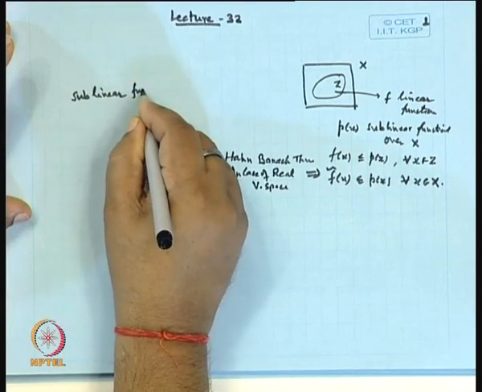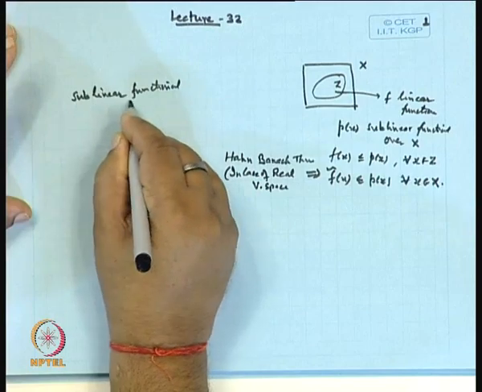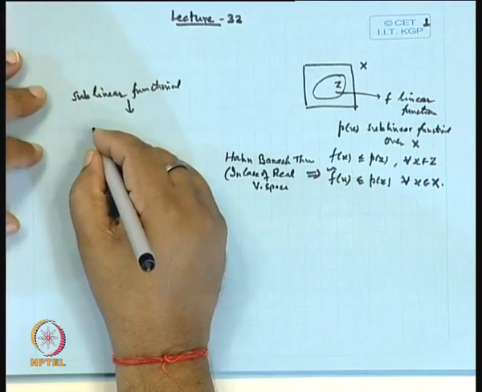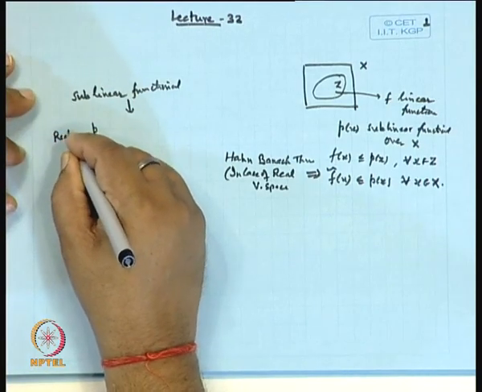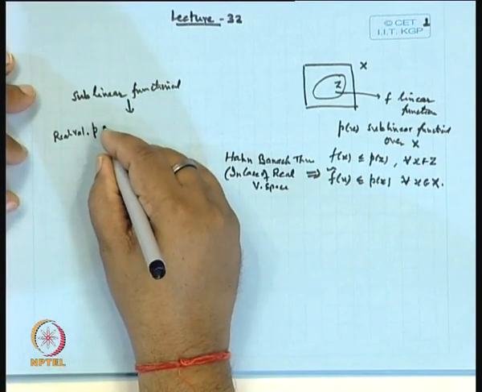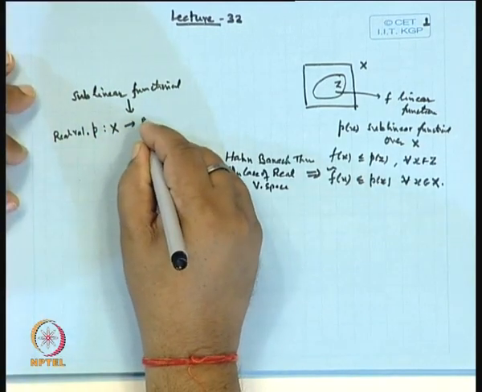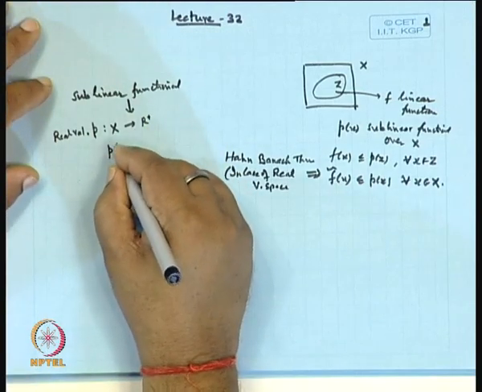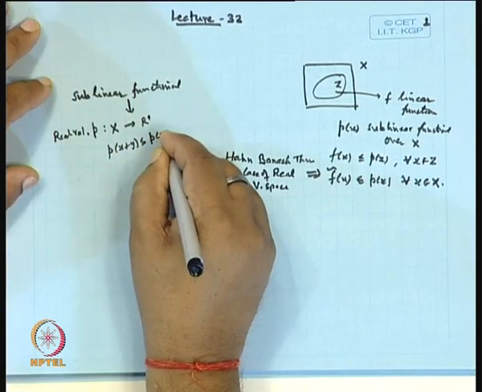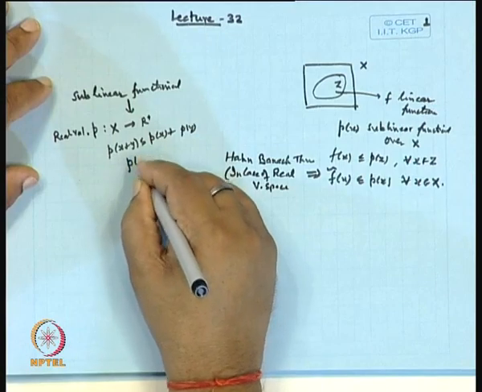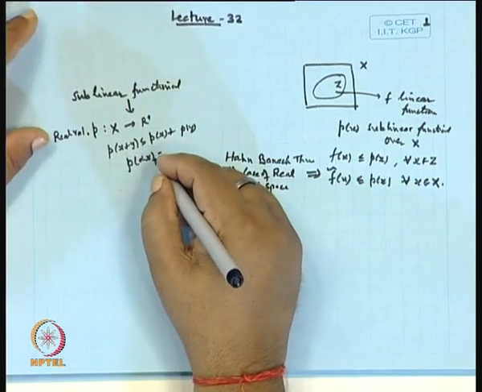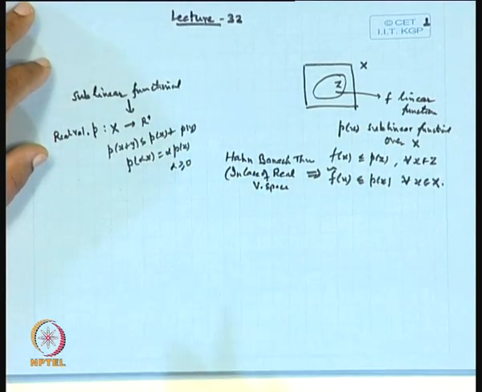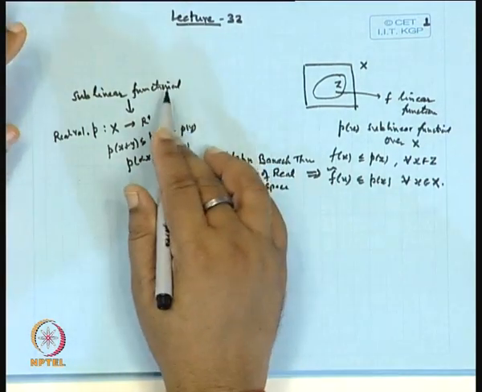A sublinear functional means a real valued functional p on the vector space X, which satisfies the condition that it is subadditive and positive homogeneous, that is, p of alpha x is alpha times p x when alpha is greater than or equal to 0, for all x belonging to X. So, this is a sublinear functional.